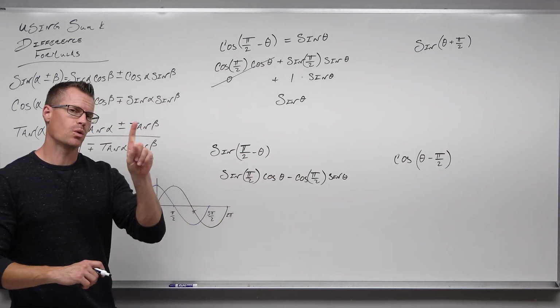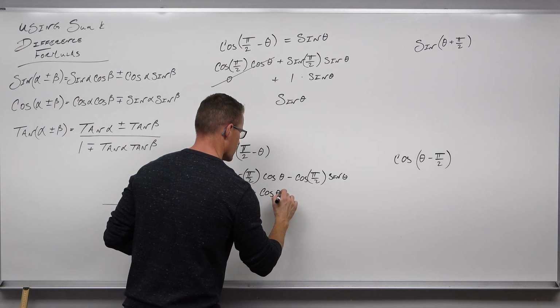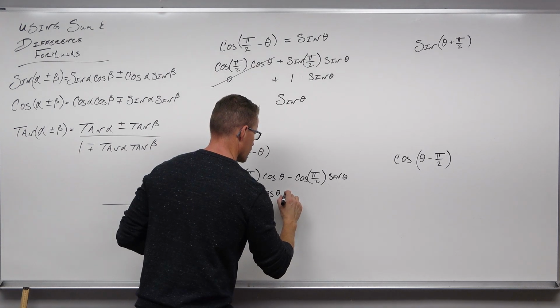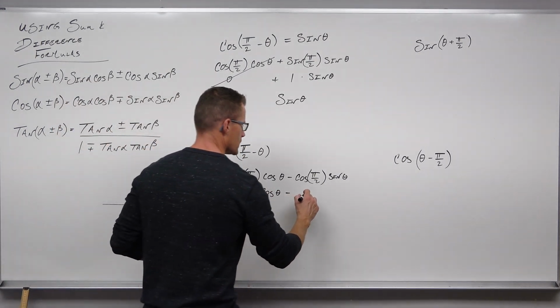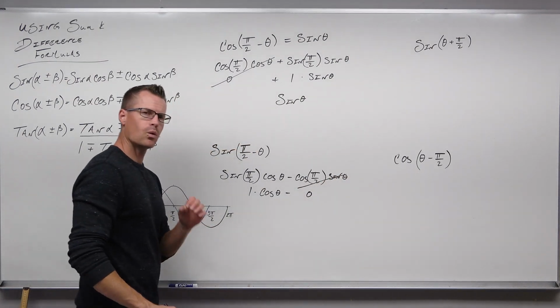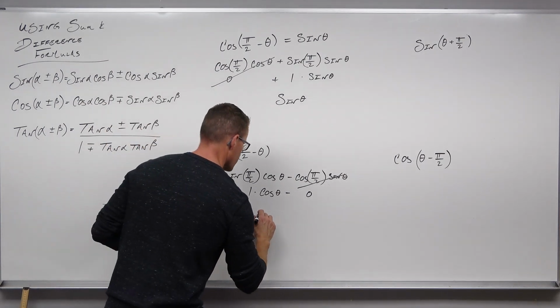Sine of pi over 2 is 1, we know that. Cosine of pi over 2 is 0. That takes care of that whole term there. That means that we're going to get just cosine of theta.